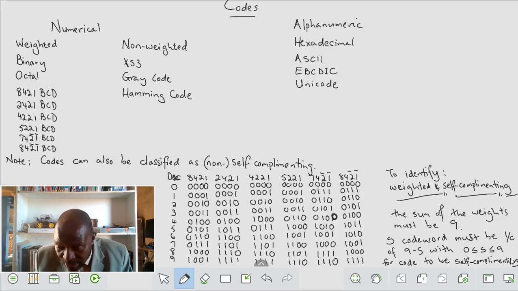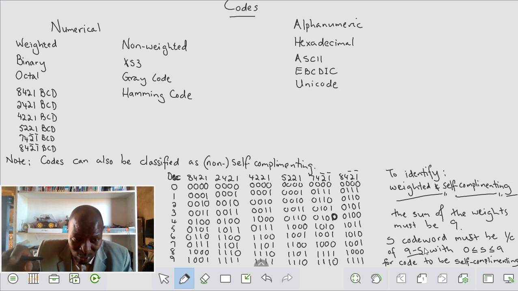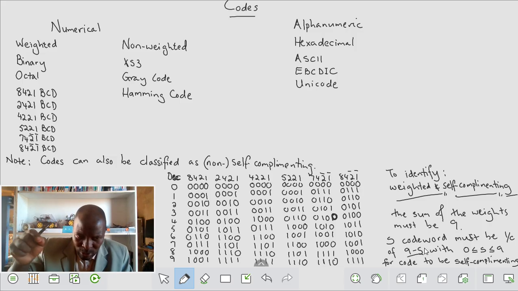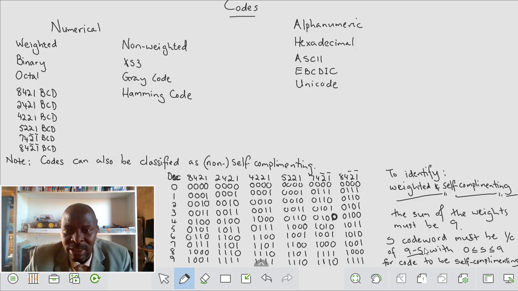If in any code for the decimals 0 to 9, any two numbers are 9's complement of each other, and their code words are also 1's complement of each other, then that code is self-complementing. Saying complementing is a bit misleading because there's 10's complement and 2's complement; it does not work for 2's complement. It must specifically be 9's complement of the numbers and 1's complement of the code words.